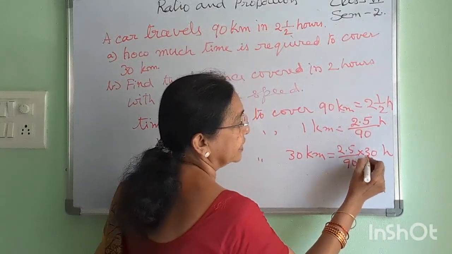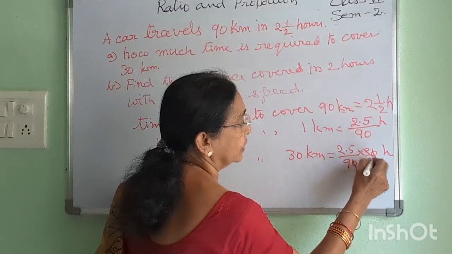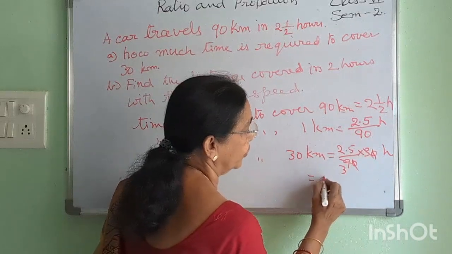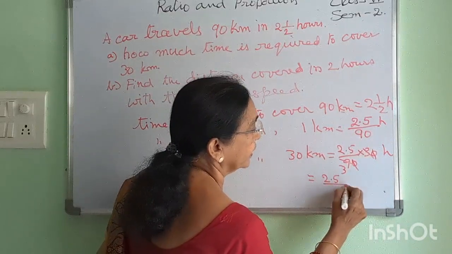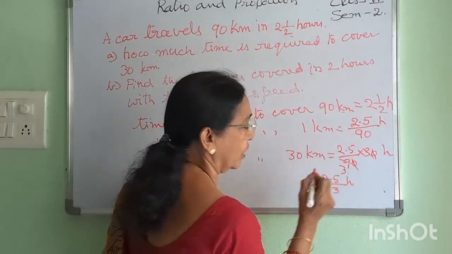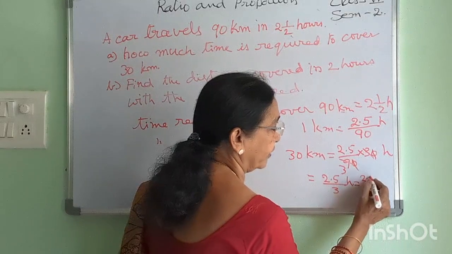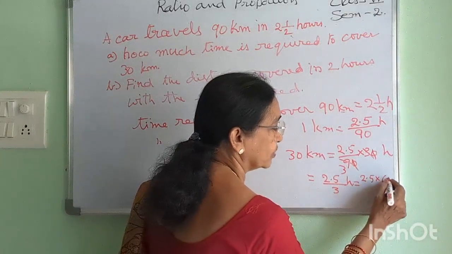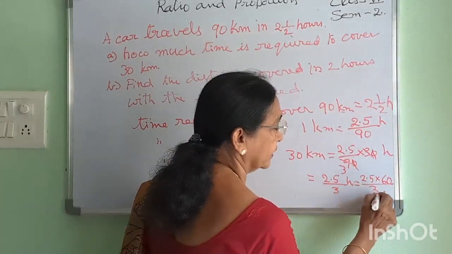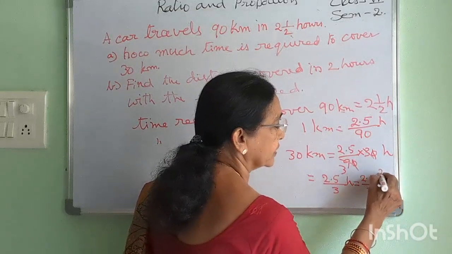So 3 3s are 90, 0 0 cancel. Therefore 2.5 by 3 hours. Or we can convert it into minutes. 2.5 into 1 hour is equal to 60 minutes, by 3. So 3 2 6 2 0.